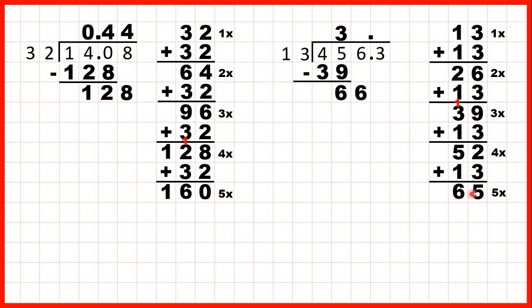So we can write this 65 below the 66, and because 65 is 5 times 13, we can write 5 in our answer. Now, again, we need to subtract and bring down. 66 minus 65 is 1, and we can bring down the 3, so we have 13 divided by 13, which is of course 1. So that gives us 35.1 as our answer.